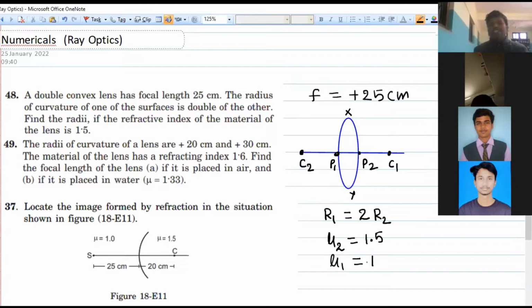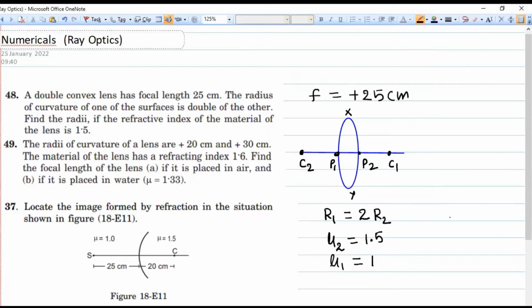Now we can apply the lens maker formula. What is your lens maker formula? Applying the lens maker formula, I am only giving you the idea. Next step you need to solve.